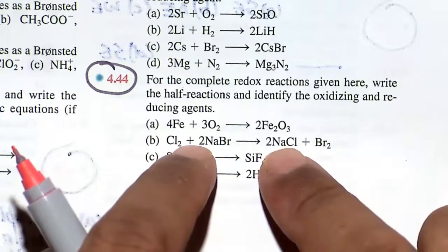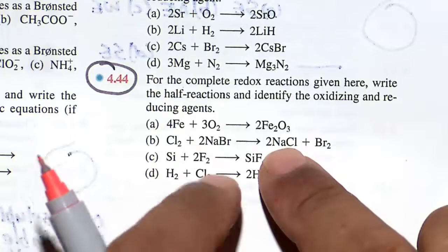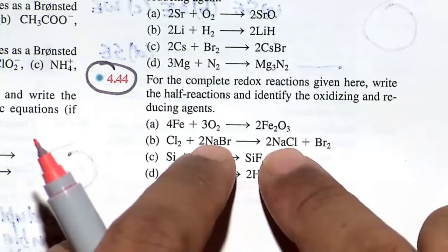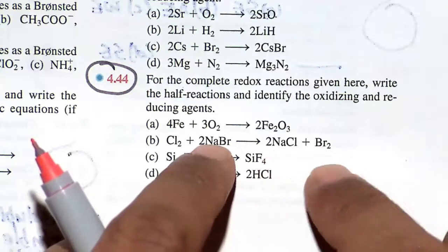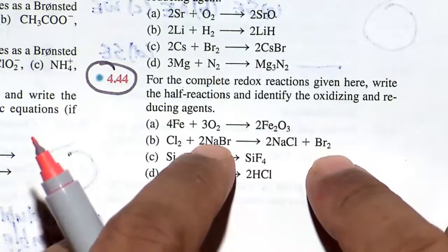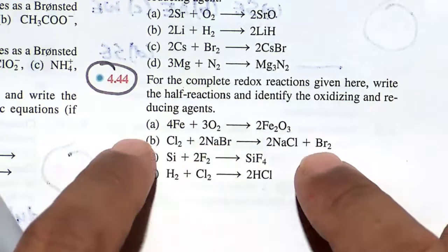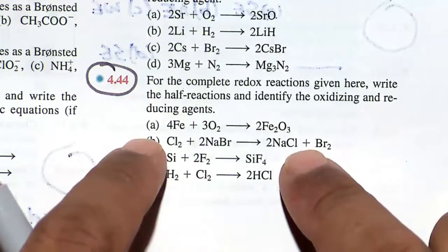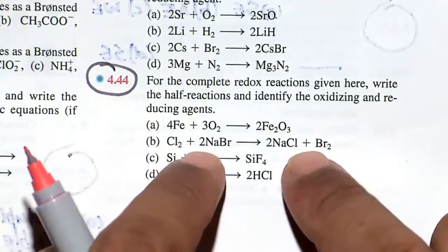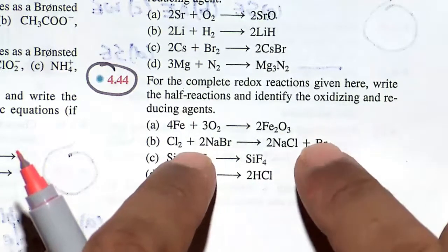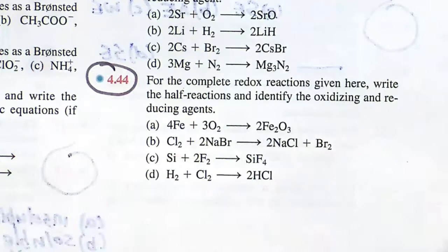Again, ionic compounds, group 1 elements, are plus 1. The Br is minus 1 oxidation state in this ionic compound. In Br2 standalone, it's 0. So we have Cl2 going to Cl minus, and Br minus going to Br2. The Na plus goes to Na plus. Nothing is happening to the Na plus, it's just staying the same at plus 1.